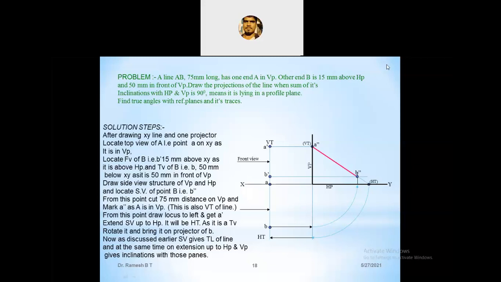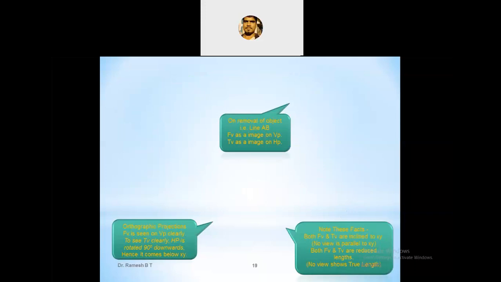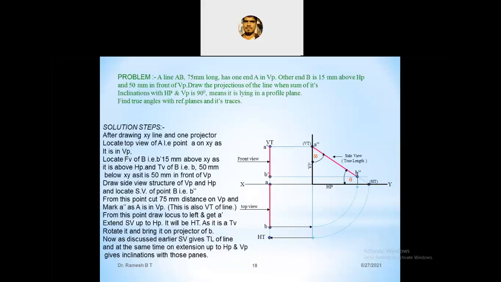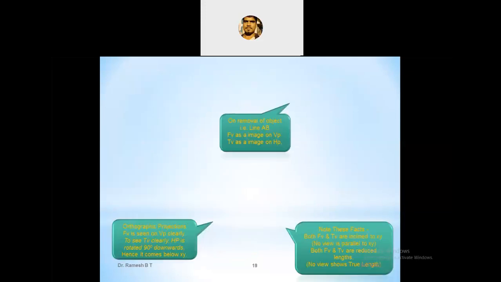And after the side view you have to find the inclination with HP and the inclination with VP, the combination of these two giving 90 degrees. Yes, theta and phi you have to find out. It's a simple problem. The actual problems you get in the examination are the fifth case, that is, inclined to both.